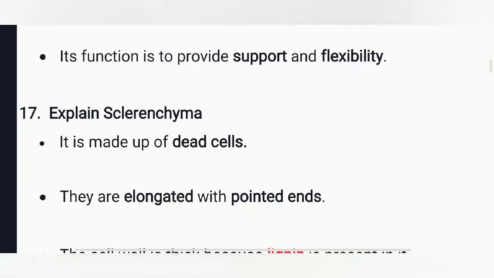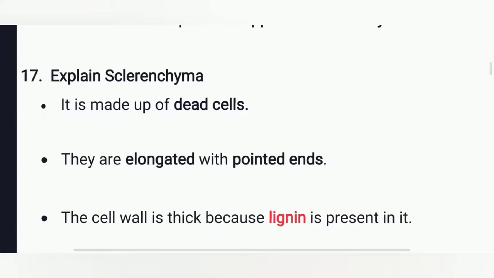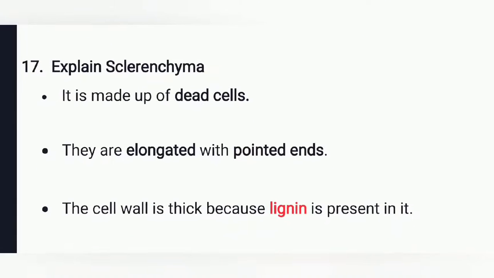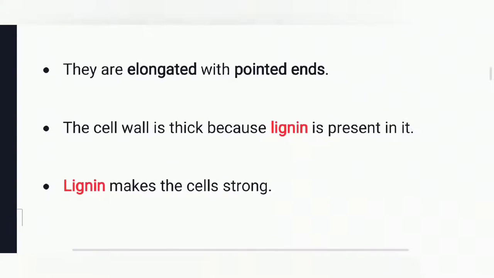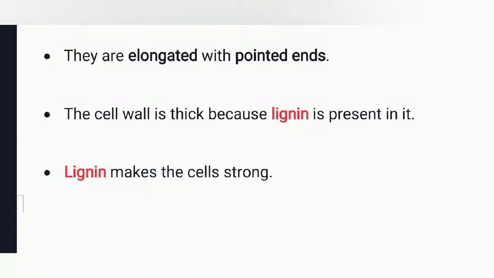Next question, explain sclerenchyma. It is made up of dead cells. They are elongated with pointed ends. These cells are also elongated and they have got pointed ends. The cell wall is thick because lignin is present in it.